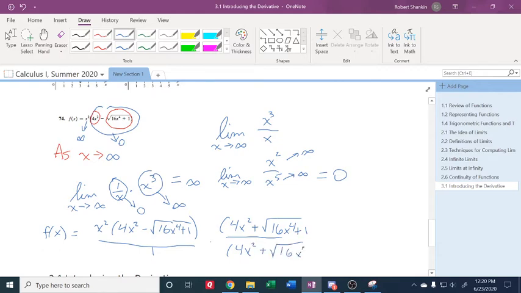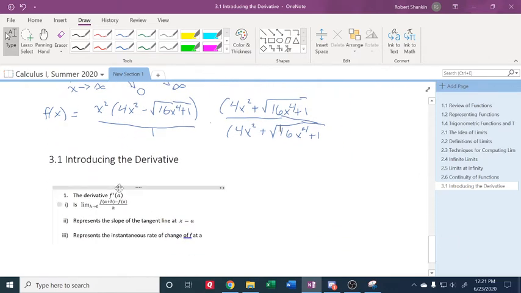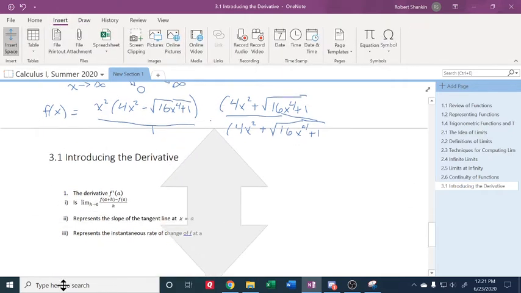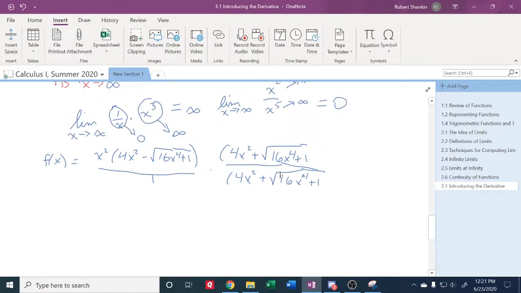And sometimes this is a dead end, but sometimes it really reveals something to us. So this is equal to, when I multiply out in the top, I get x squared.